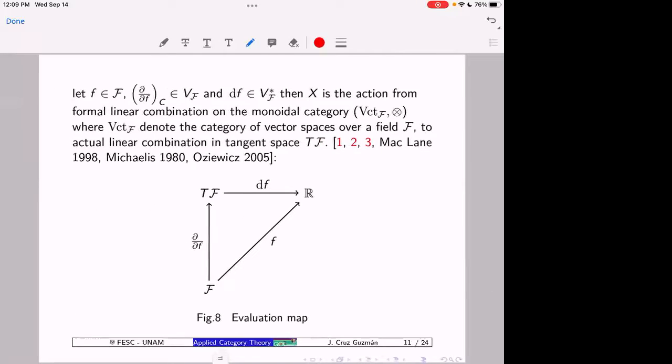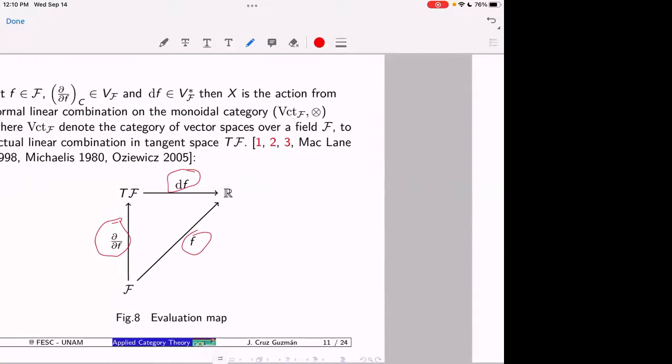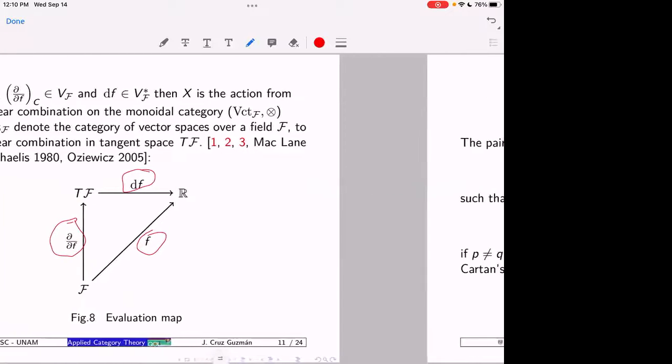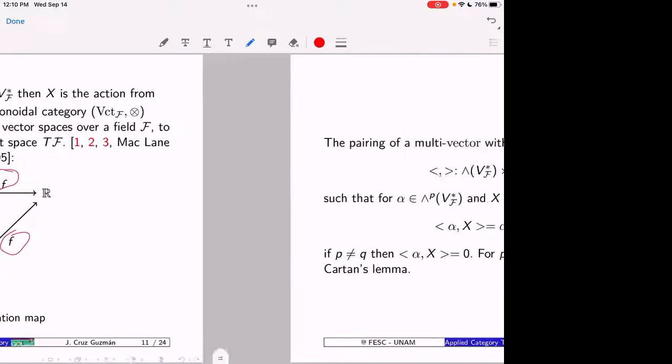But here is the explicit relation between vectors and covectors, that those are used in composition for getting evaluation of these forms.